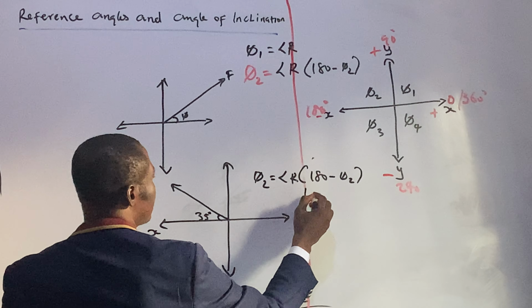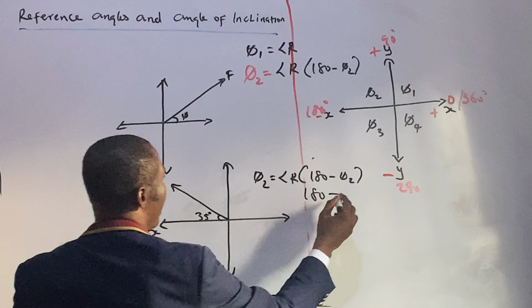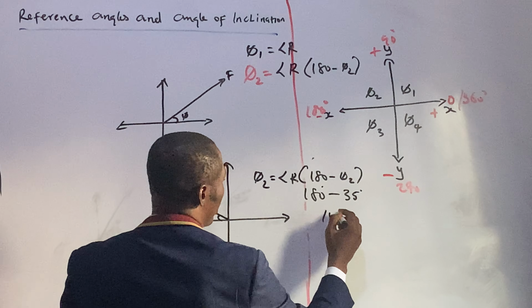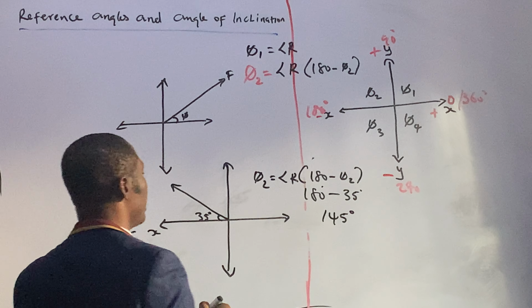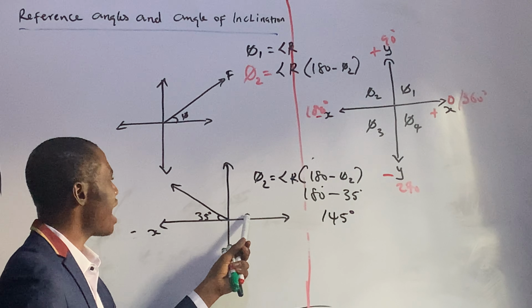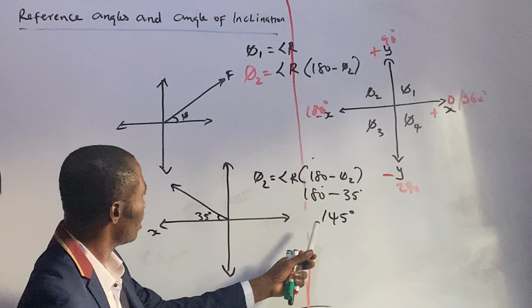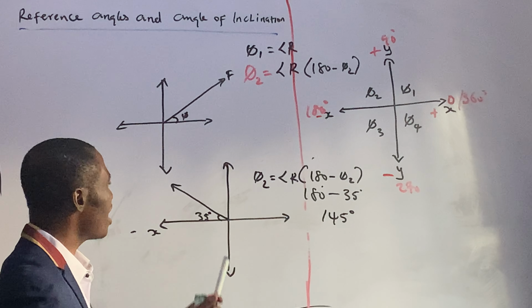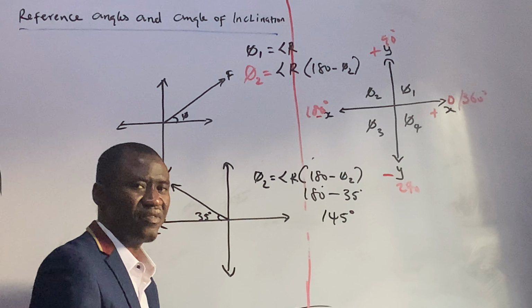Now, 180 minus 35 degrees will give me 145 degrees. So the reference angle here is 145 degrees.